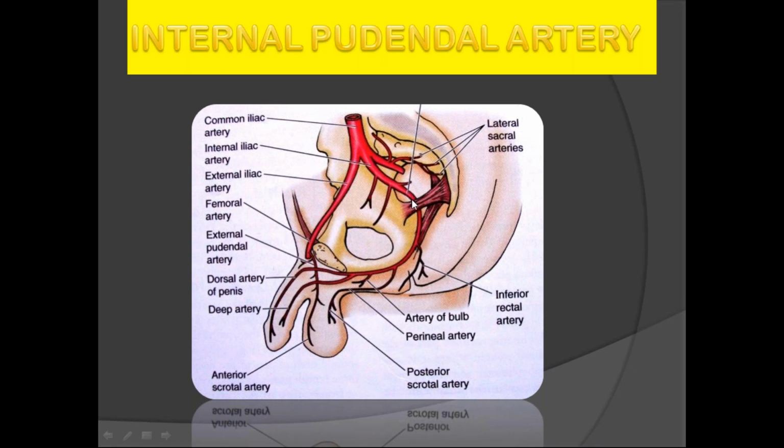The internal pudendal artery enters the perineum through the lesser sciatic notch, runs in Alcock's canal or pudendal canal, accompanies the pudendal nerve, and divides into the dorsal artery of the penis and deep artery of the penis. These are the terminal branches of the internal pudendal artery.